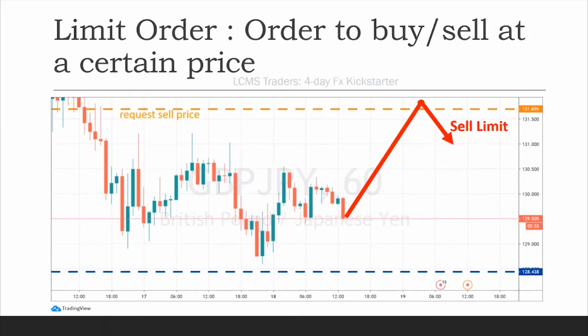What this means is you're expecting the market to go up above 131.69, turn back down, then your sell trade would be entered. So for a sell limit order, it goes up, turns down, enters that trade at 131.69, and then you'll be looking for it to move lower. So remember that turn back down. This is when you have a sell limit order.